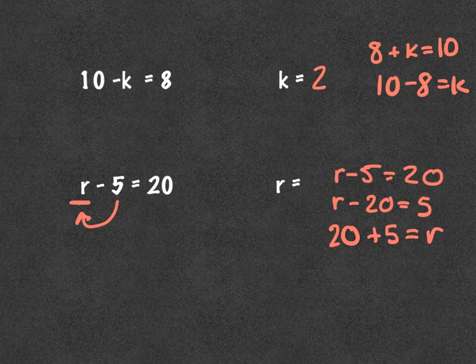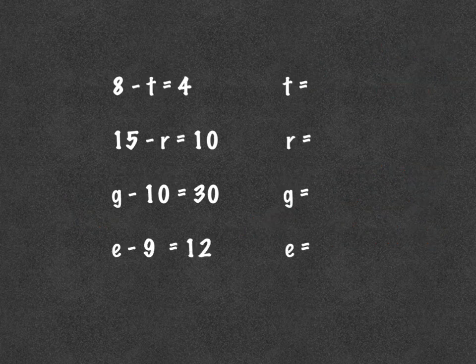This is what's going to help us the most. So 20 plus 5 is 25. So R equals 25.